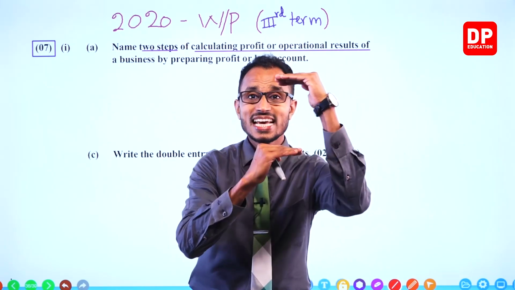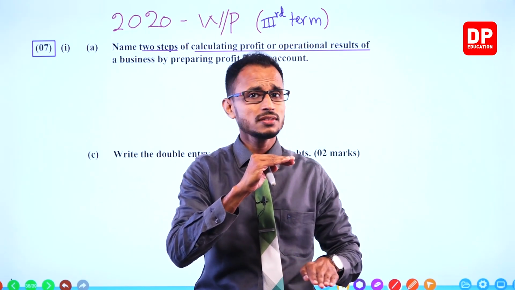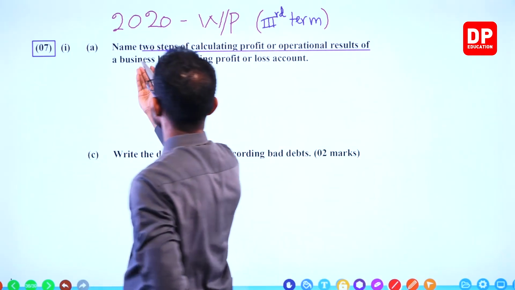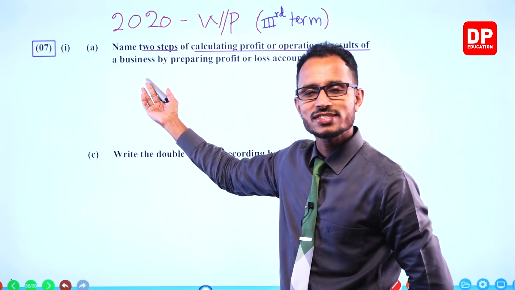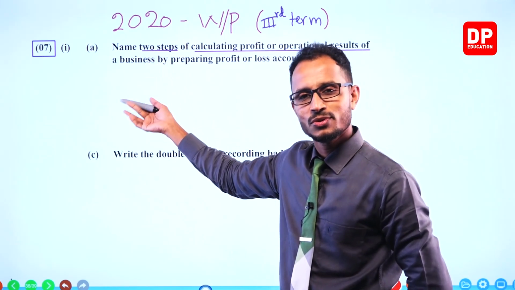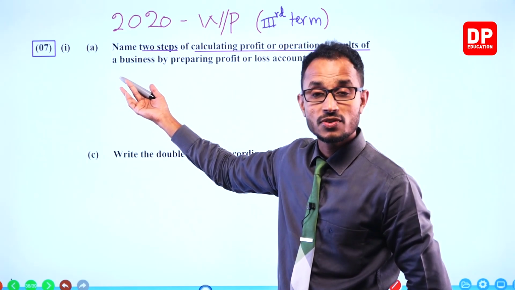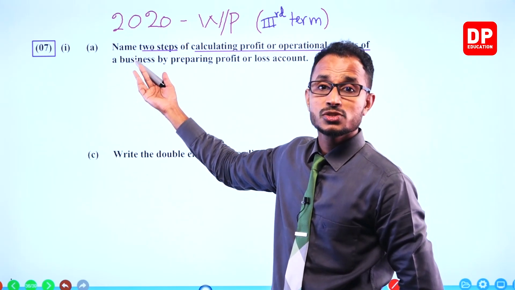The gross profit section and the net profit section. Now you got it. Of course, you have prepared profit or loss statements and calculated gross profit and net profit, so you know.